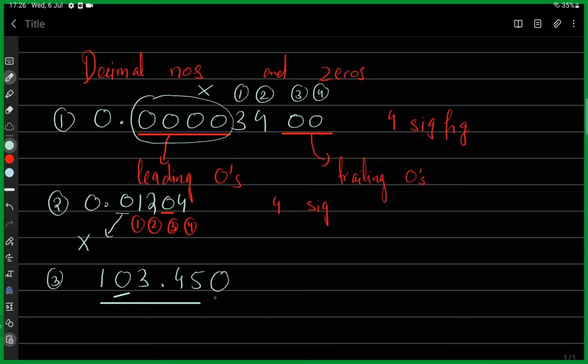This zero is considered to be 5, I think. This zero is considered as a trailing zero. We have a decimal. After the decimal, we have a non-zero number, and after that non-zero number, we have zero. So this is a trailing zero.